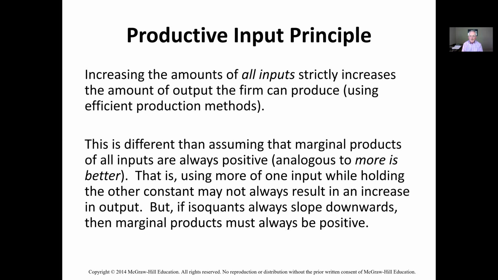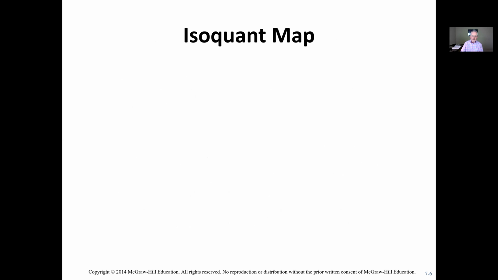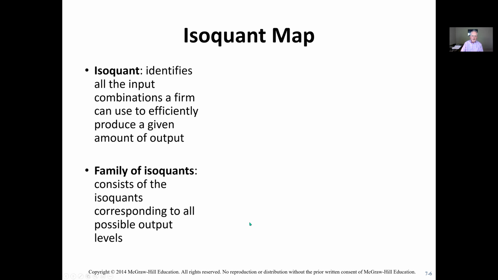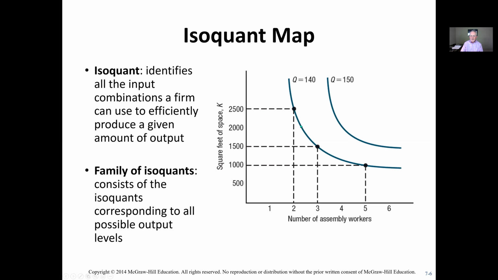So, if I add a little bit more labor and output goes up by 3 units, then I would have to take away just enough capital to cause output to fall by 3 units in order to stay on the same isoquant, because the value of Q has to stay constant moving along that isoquant. So whenever I add one input, I have to take away the other input under the assumption that their marginal products are positive. So that tells me that an isoquant is going to be a downward sloping curve.